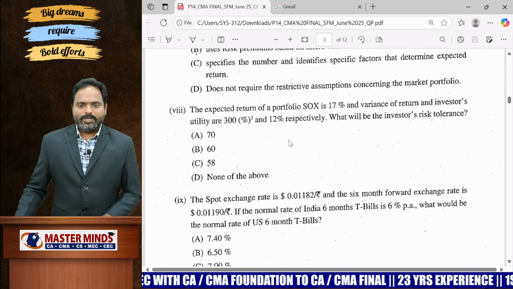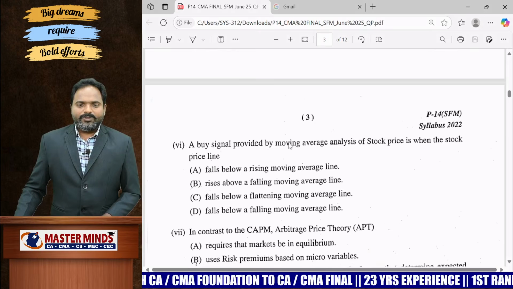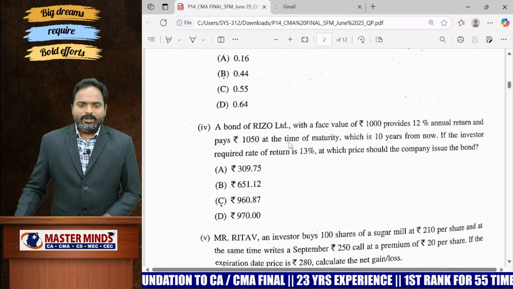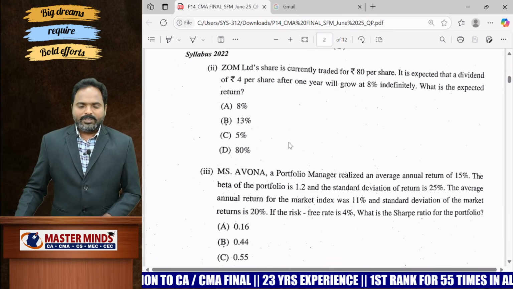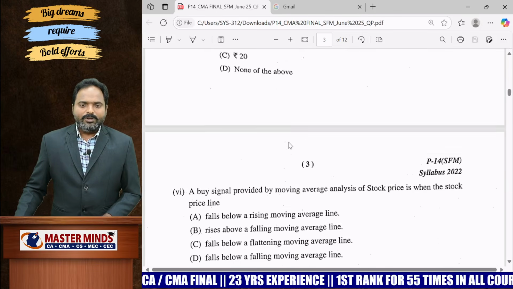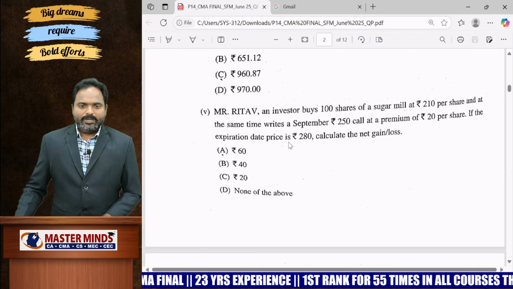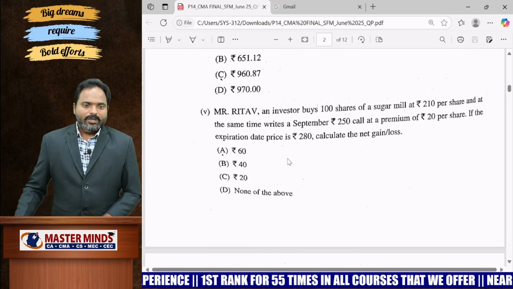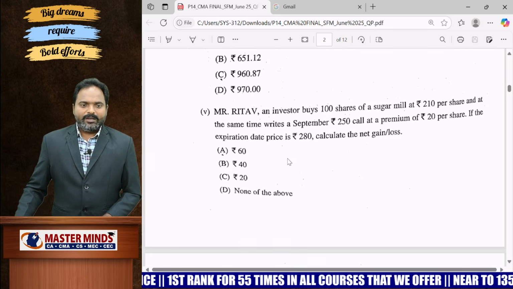Up to 7 MCQs they can answer happily if they have read the institute material and have conceptual knowledge about derivatives, valuation of bonds, valuation of shares and performance evaluation. As far as my knowledge, the first 5 MCQs any student can answer who is attending the classes and has practical knowledge.